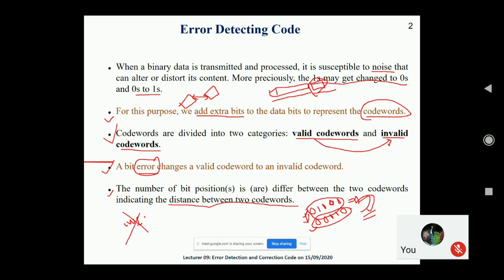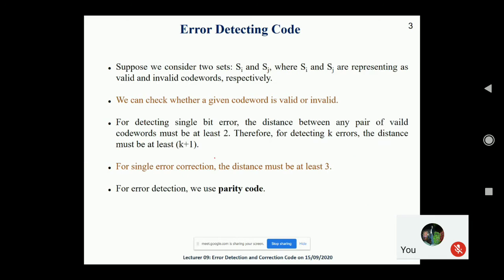Now next, till now we have been discussing the error detecting code. Suppose we consider two sets.